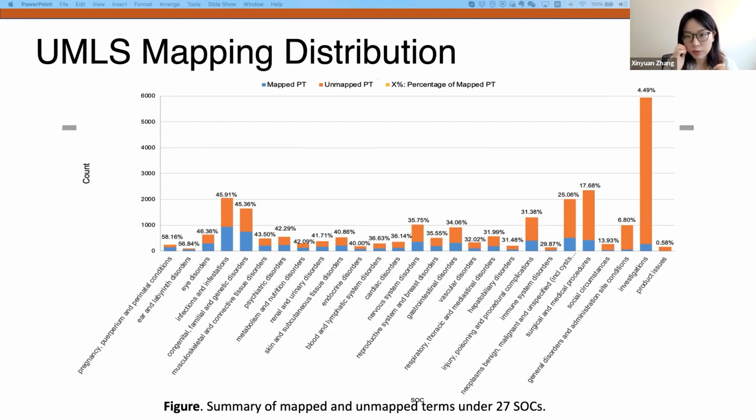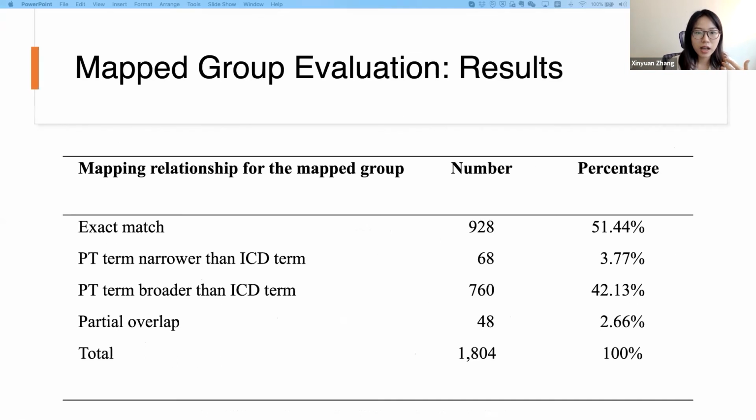That's why, if you combine the percentages for narrower, broader, and exact match, it is actually more than 90%. But because we have a really strict standard that we want those two terms to be exactly the same meaning, not one broader or narrower, we only identified about 50% from the annotators.